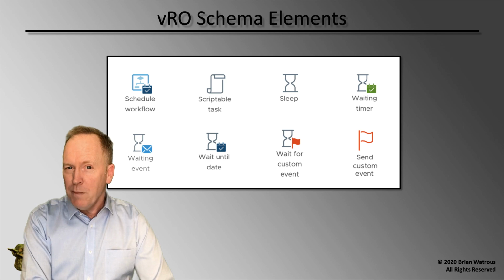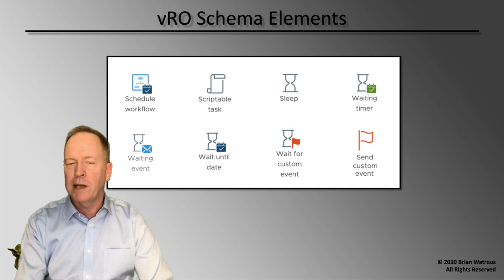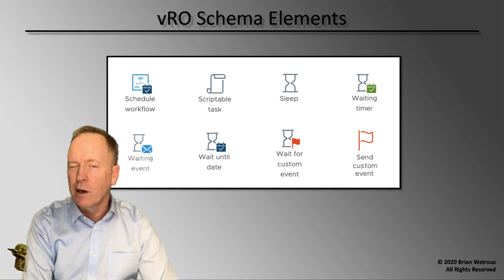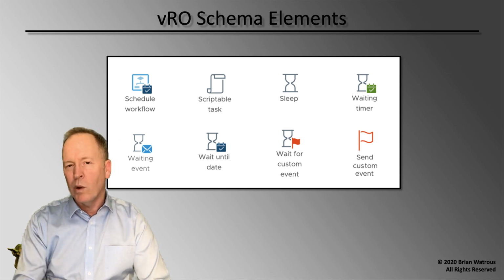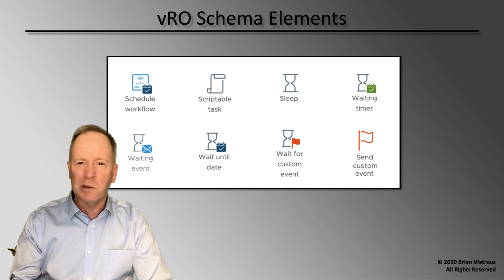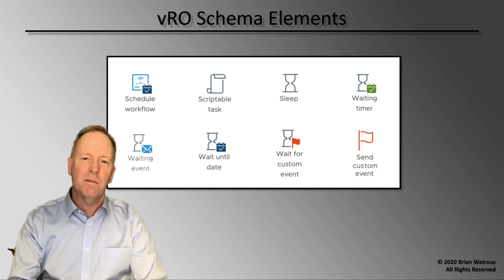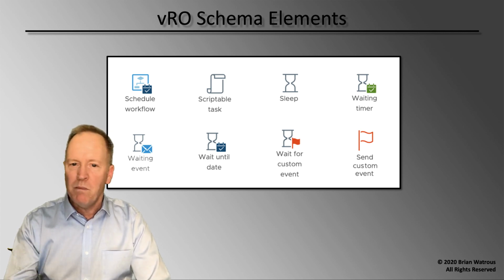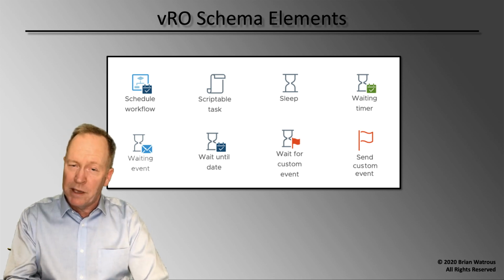On the other hand, sometimes you want to cause your workflow to sleep for a certain number of seconds or wait for some sort of event to occur. Now, sleeping is oftentimes done in Orchestrator workflows when your Orchestrator workflow contacts some external system. Maybe it's a provisioning system, maybe it's an IPAM, maybe it's a CMDB, could be any type of system. Maybe it's a backup system.